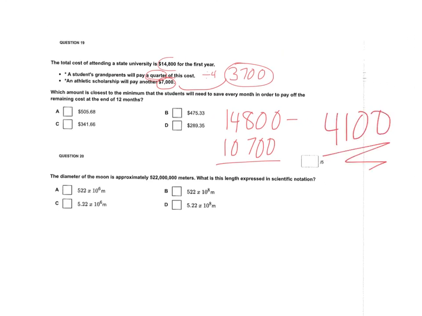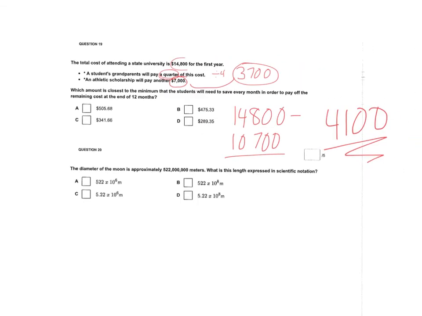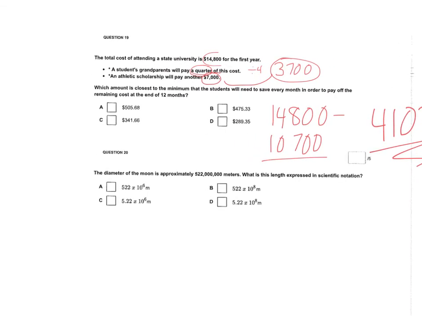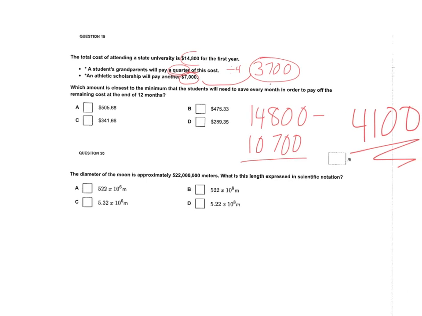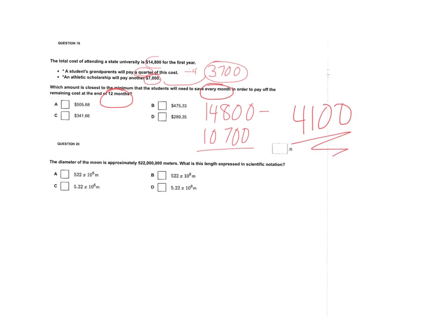Okay, so that's what's left for them to pay. That's all she has to pay, $4,100. And we're looking for the amount closest to the minimum that she'll need to save every month in order to pay off the remaining costs at the end of 12 months. So we're splitting this up into 12 months, just divided by 12.